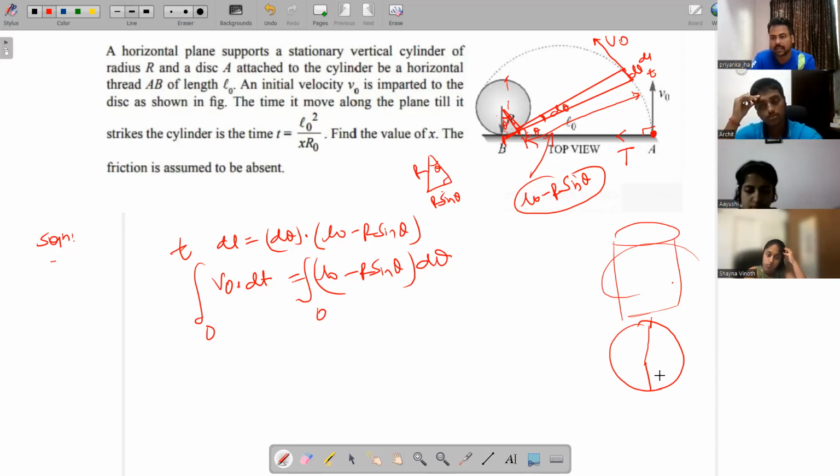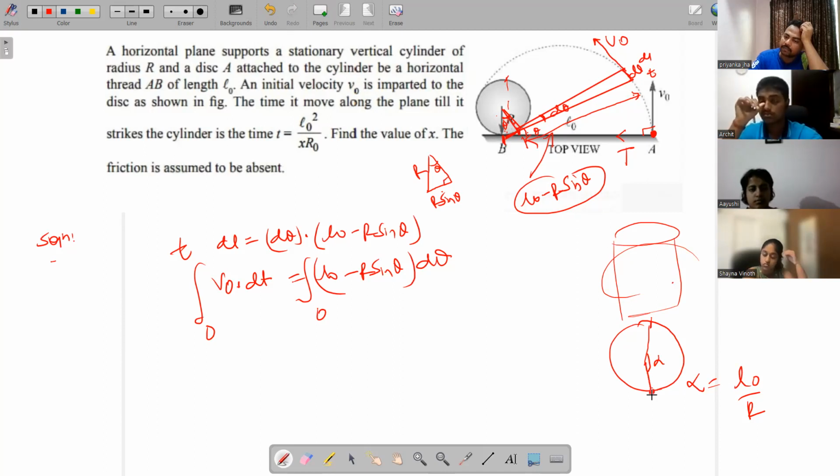It will move on a circular path. So suppose at some particular angle alpha, it will come and wrap. So how much would that distance be? L naught by R, since theta equals L by R. This angle is alpha.